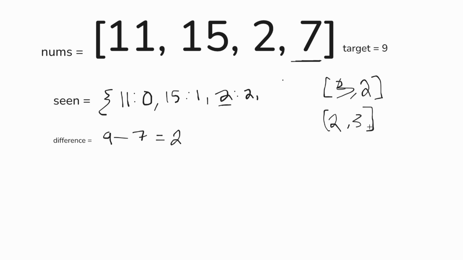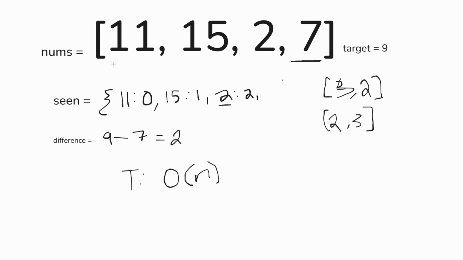So the reason why this is a lot faster is because we only go through the nums array one time. So that's going to be O of n. At most, we're going to go through all the numbers in our nums array, and in this example, we actually did go through all the numbers. At most, it's O of n, while the brute force solution that we tried before was O of n squared.